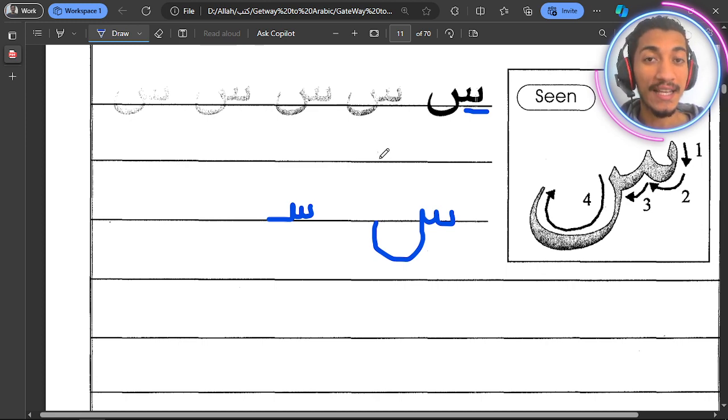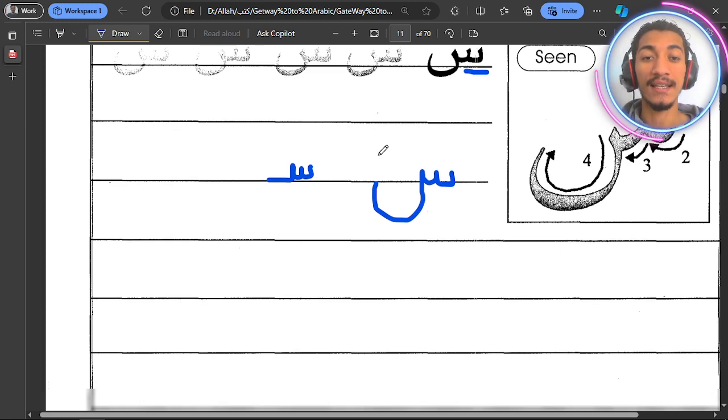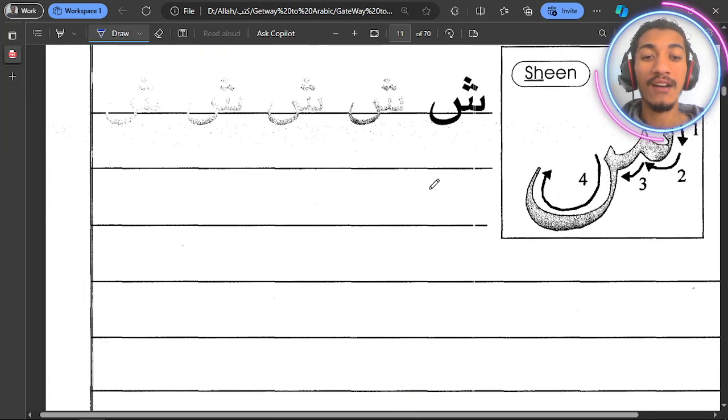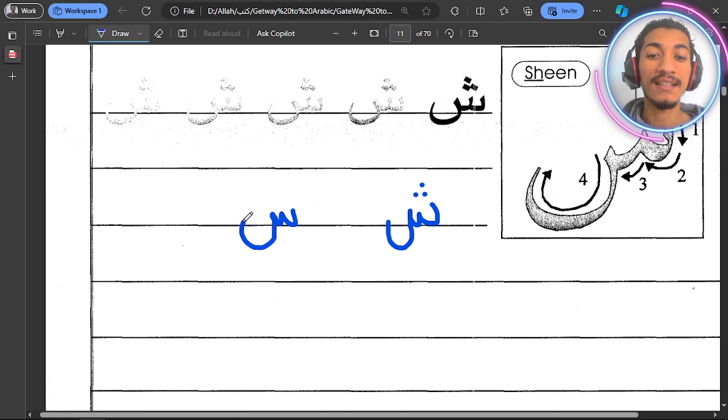Okay, the letter is seen. That's right. And the sister of seen we call sheen. Yes, and the difference, as you see, is the three dots above seen. Now, this is seen, and this is sheen.